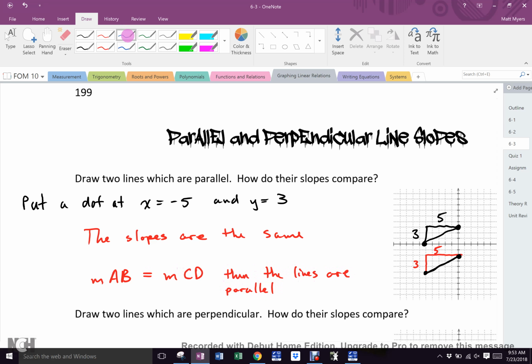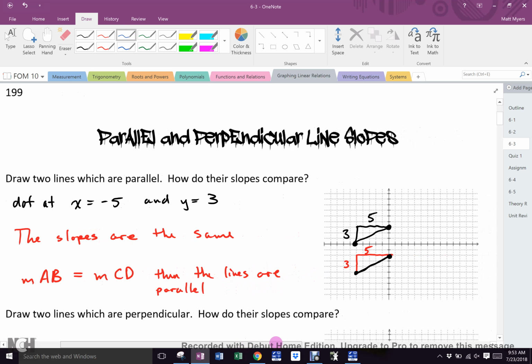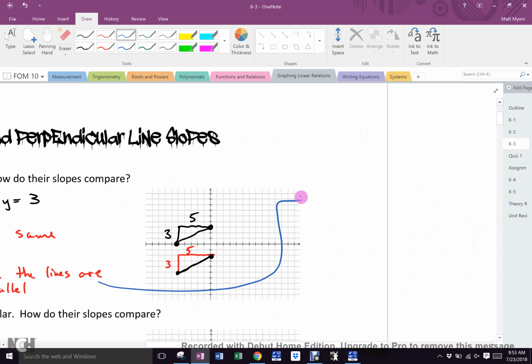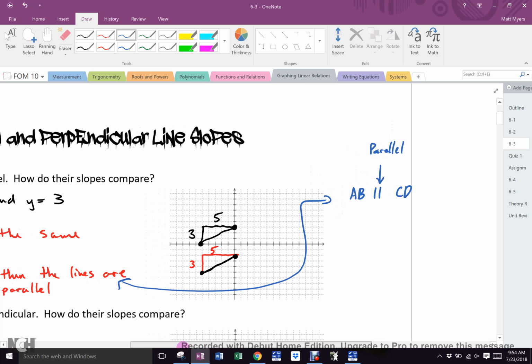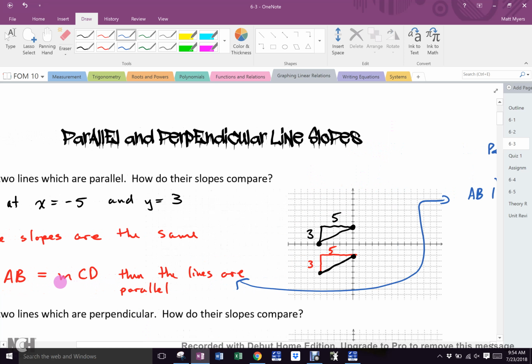Now, what if I told you this? The other side of that is this. If I said m of AB is parallel, which is what that symbol means, to CD, if I just say the line AB is parallel to CD, then we know the opposite is true over here: the slope of AB is the same as the slope of CD.